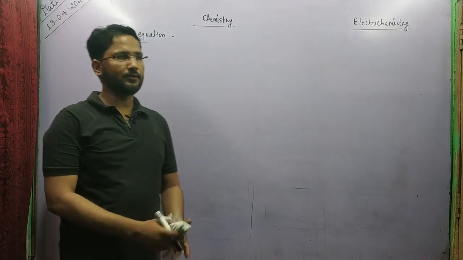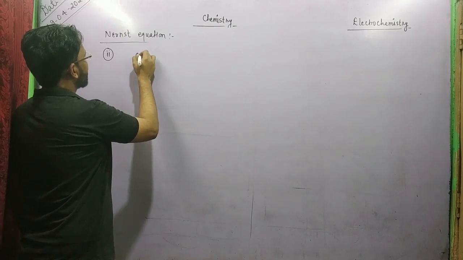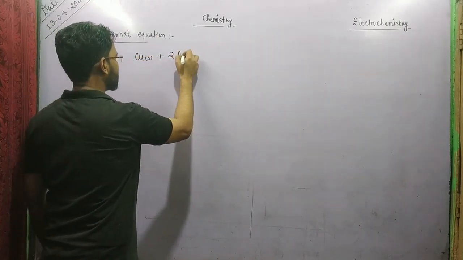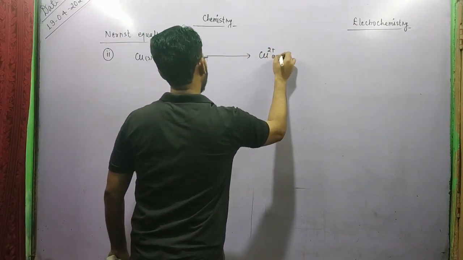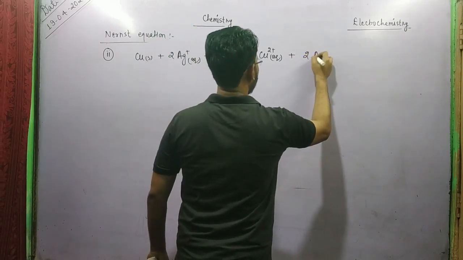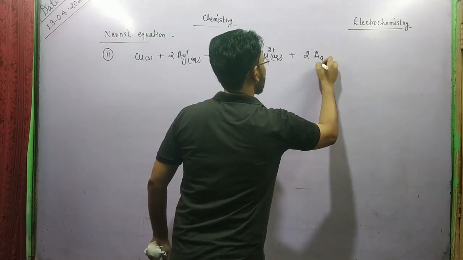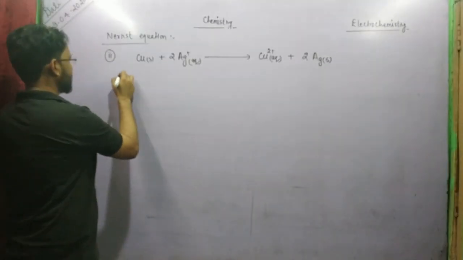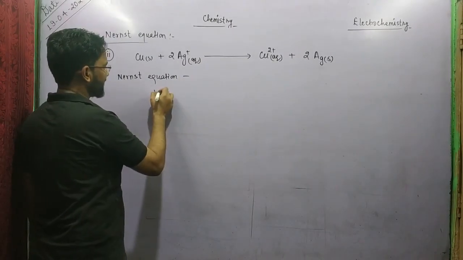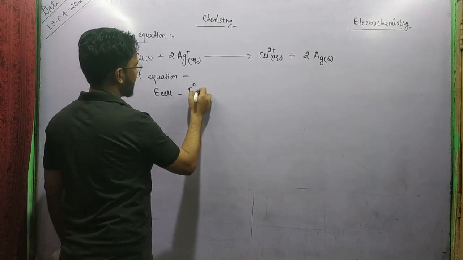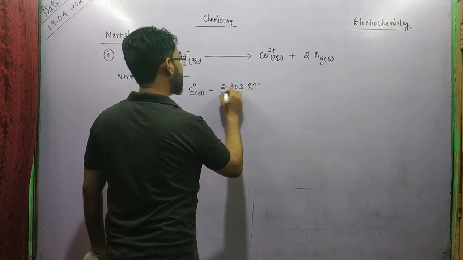Now we will apply the Nernst equation on the second example. The second example is Cu solid plus 2Ag+ aqueous gives Cu2+ aqueous plus 2Ag solid. The Nernst equation is E cell equals E naught cell minus 2.303 RT over NF.